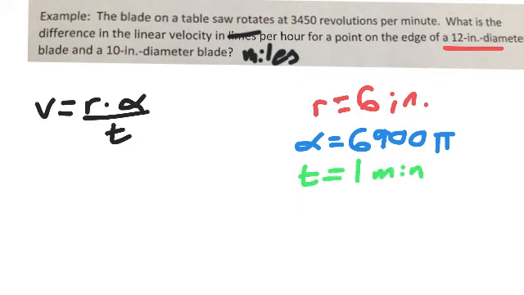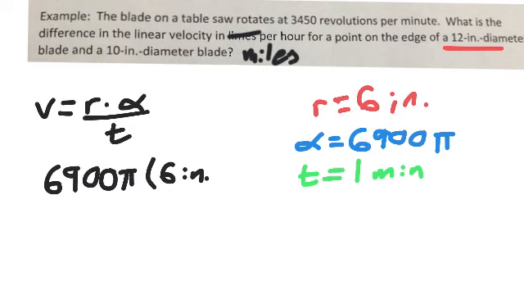And then the time is 1 minute. So I would plug all those in. So you've got 6,900 pi times 6 inches over 1 minute.